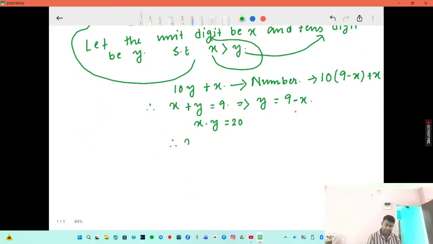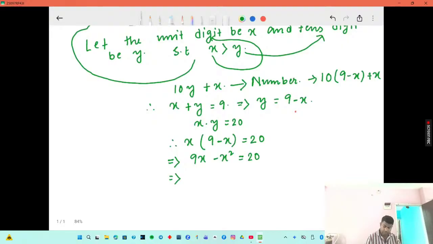Therefore, x into (9 minus x) is equal to 20. Now by solving this equation, we will find the value of x. 9x minus x square is equal to 20.